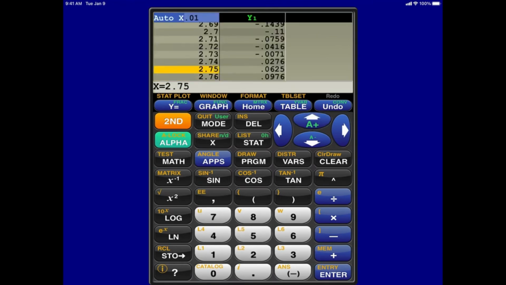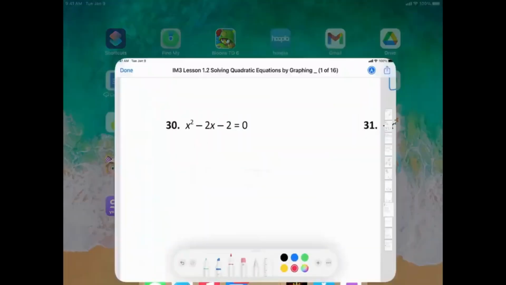And pretty close, right? I changed it to 0.01 once I was really close. If you're not close, you can do 0.1s. But there it tells me my x value is around 2.74.